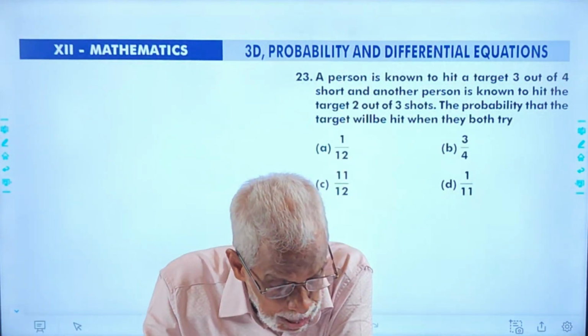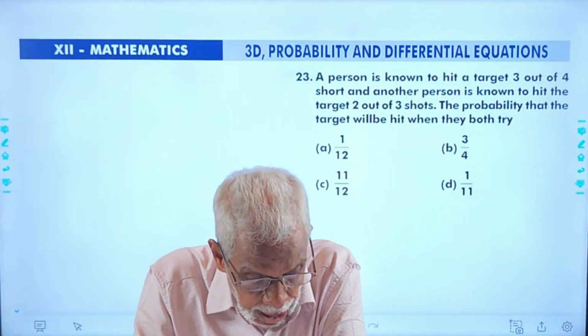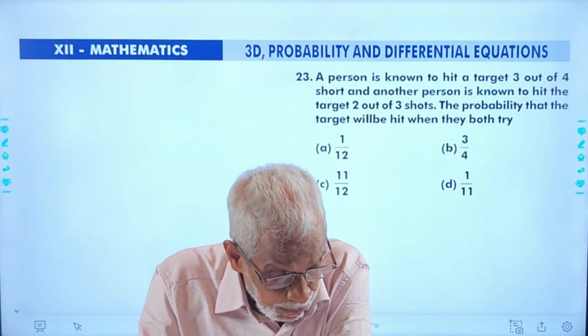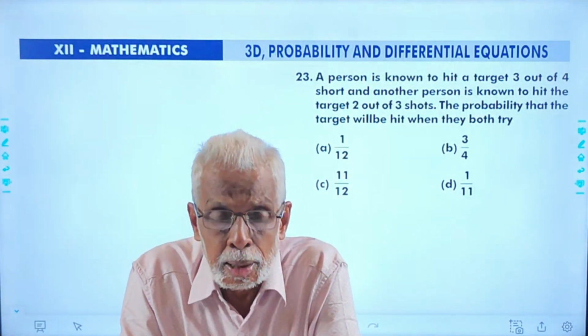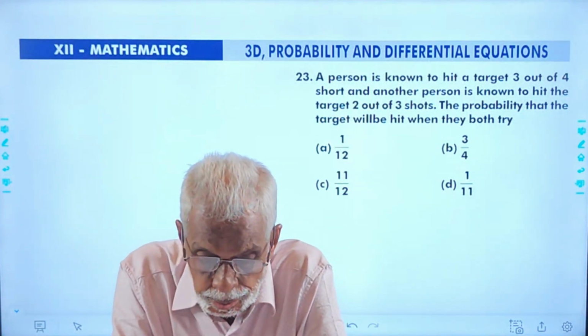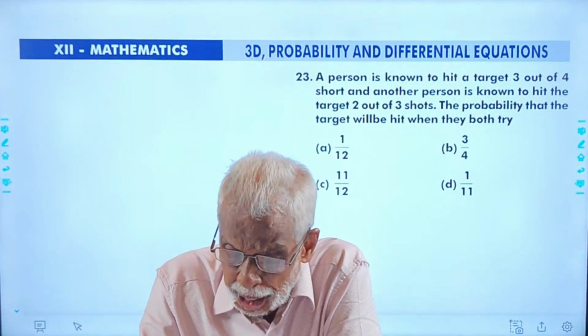It is 1 minus the probability of complement of A intersection complement of B intersection complement of C, which gives 3 by 4. A person is known to hit a target 3 out of 4 times, and another person hits the target 2 out of 3 times. What is the probability that the target will be hit when they both try? The required probability: probability of A is 3 by 4, probability of B is 2 by 3.